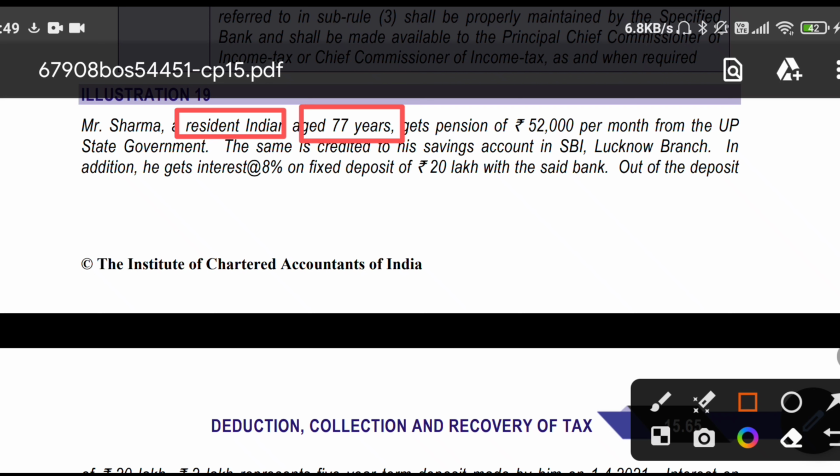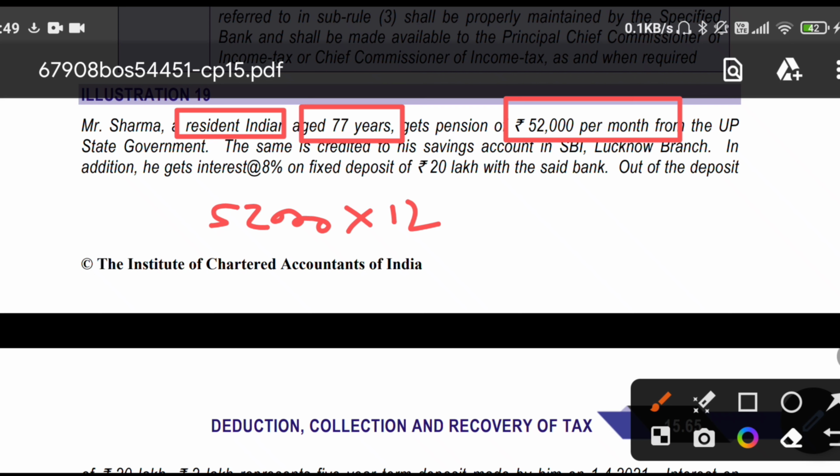And he gets the pension of 52,000 per month from the UP state government, and the same is credited into his saving bank account, and in addition he gets interest on that also. So there will be many incomes, right? So first let's calculate the income from salary. 52,000 per month into 12, because we are assuming he gets pension from the starting of the year.